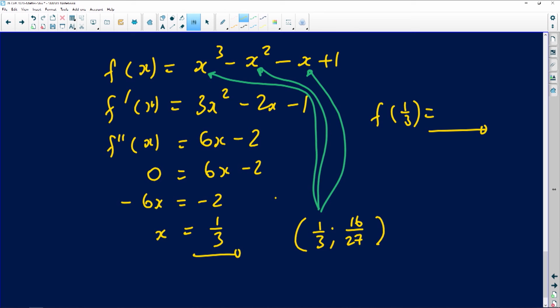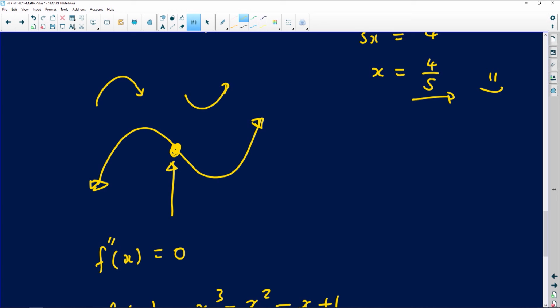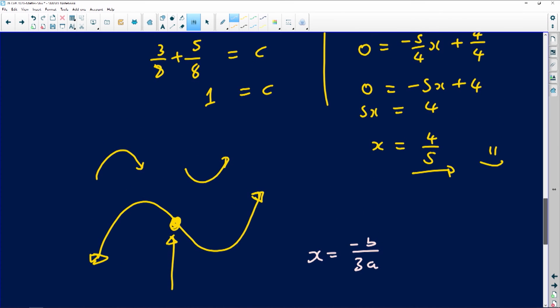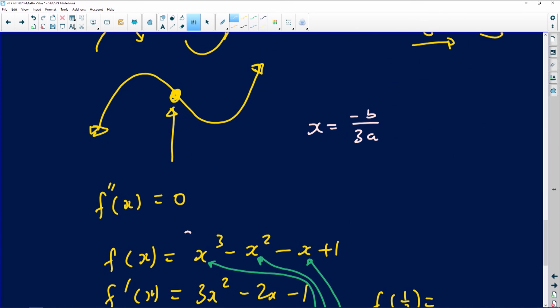There's many ways of actually finding the point of inflection. Just for education purposes, we can also tell you that the x-coordinate of the point of inflection is given by negative b divided by 3a, which is where, basically, from the cubic, your a is 1 here, your b is negative 1, your c is negative 1, and the d value is 1.